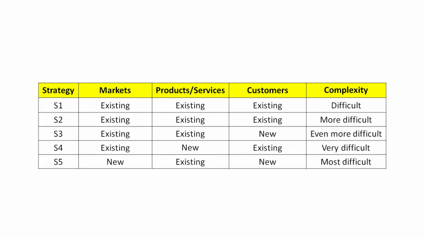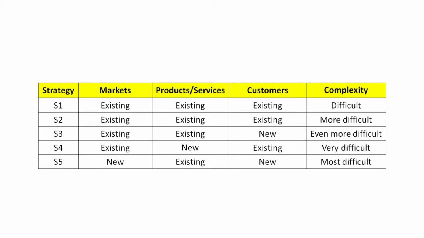But even within this list, S1 is easier than the other two strategies. S2 is about increasing prices, and it is not as easy to implement as S1 because of how competition is likely to respond back.